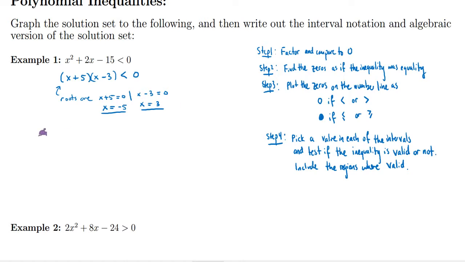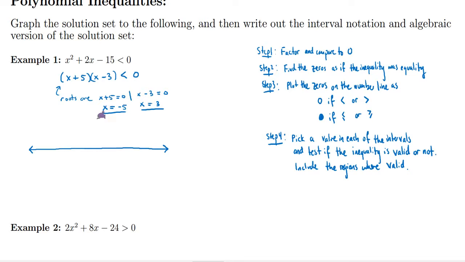on the number line. So we're going to draw a number line now. And it says to plot these zeros with either a filled-in circle or an open circle. Now I'm going to switch to a different color here just to make that a little clear. So -5, and this is a strict less than.